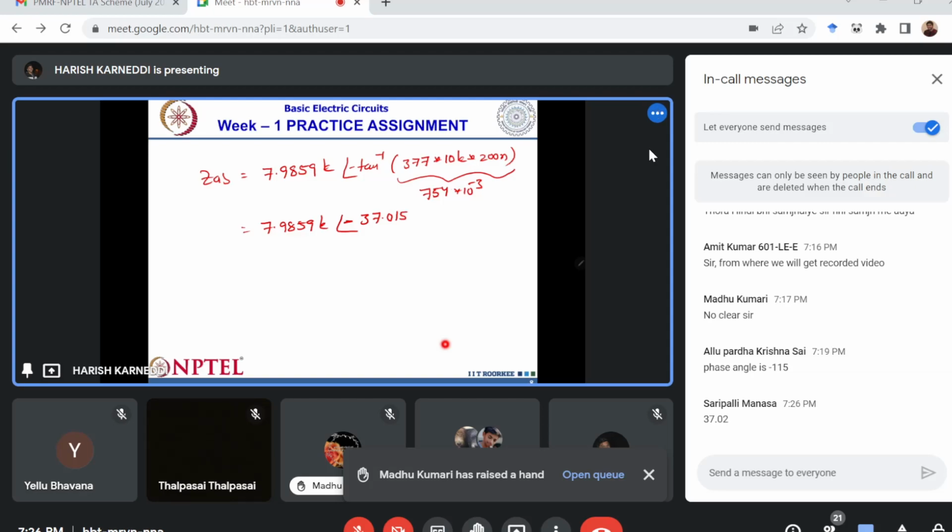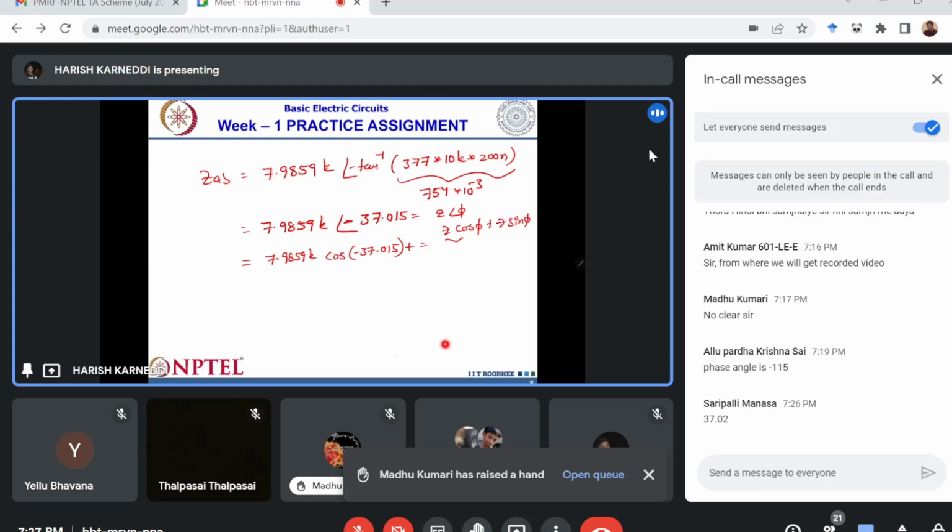Okay, this ZAB we can represent in a polar form as 7.9859K into cos phi, that is cos minus 37.015, plus j sin. In polar form, Z at an angle of phi can be represented as Z cos phi plus j Z sin phi.